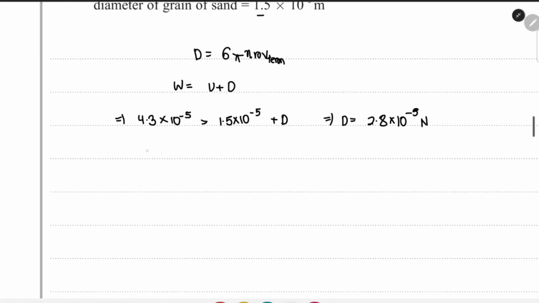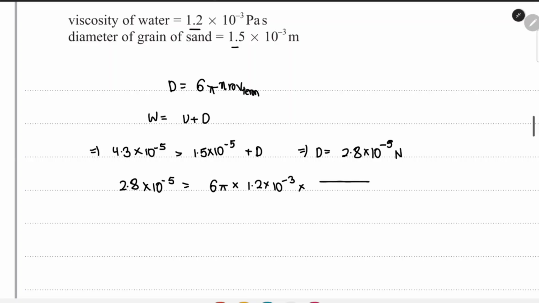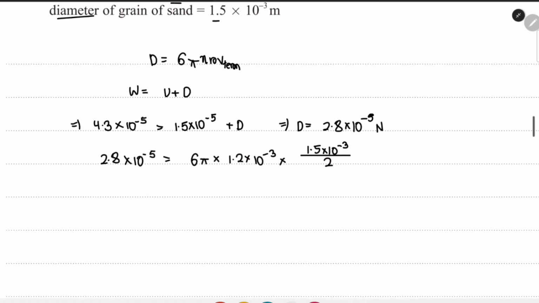Now I can use this over here. So 2.8 into 10 to the power minus 5 equals 6 pi times the viscosity of water, which is 1.2 into 10 to the power minus 3, times the radius of the grain of sand, which is 1.5 into 10 to the power minus 3 divided by 2. We are given the diameter, but we need the radius in the equation, times the V terminal.